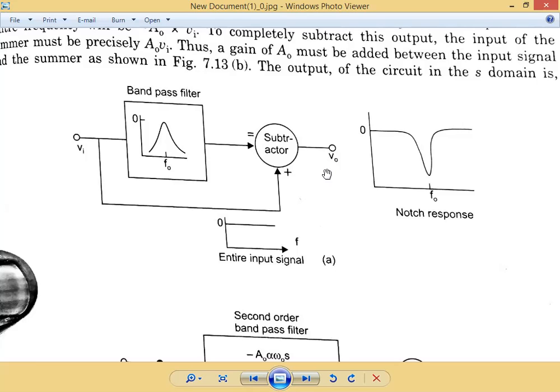So this narrow band reject filter is also called a notch filter, which rejects a single frequency. For example, if you take a signal, suppose the signal is affected by the power signals.